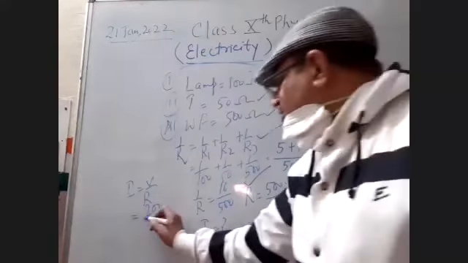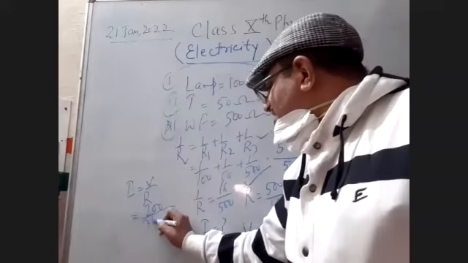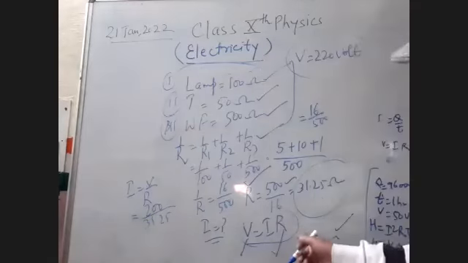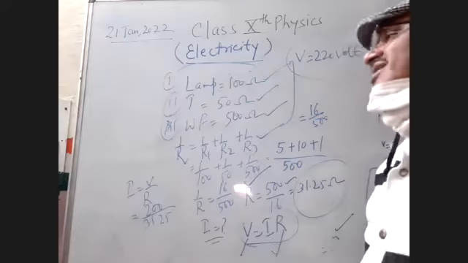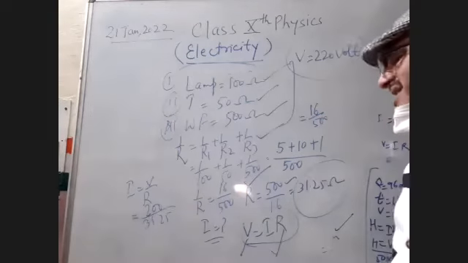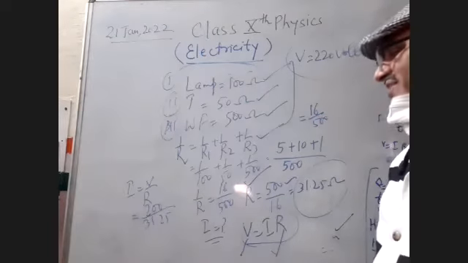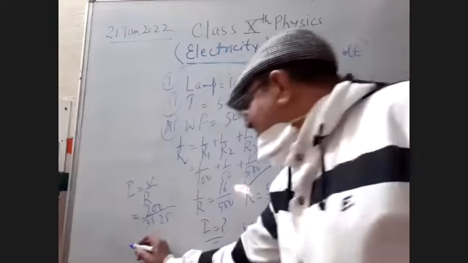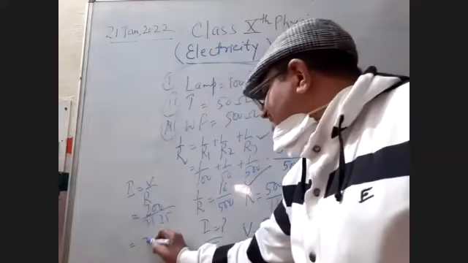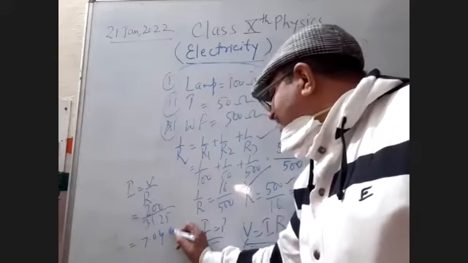Now, if I put the value of R, it is 31.25, which we have calculated using the formula of the parallel combination of three resistances. If I divide 220 by 31.25, the value of current will be 7.04 ampere.